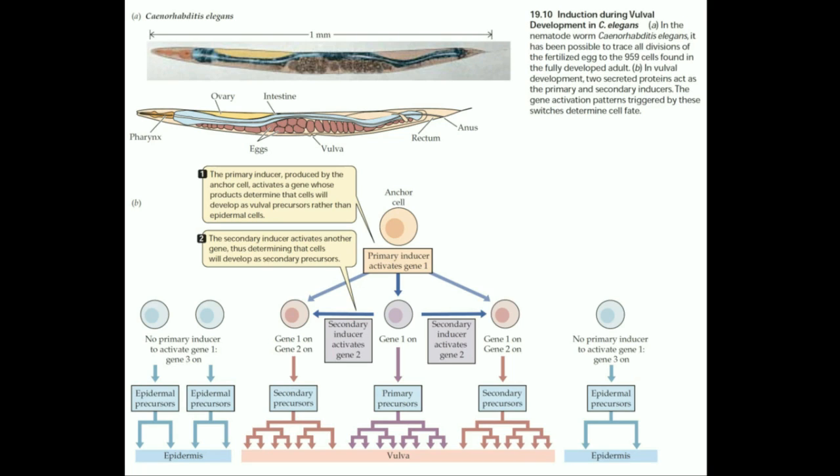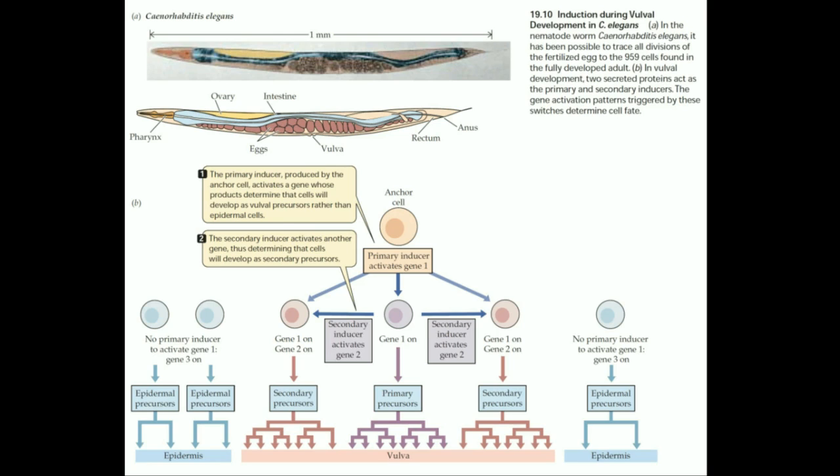can actually map out exactly which cells will turn into some other type of cell. And this has been done, for example, with those cells that will turn out to form part of the vulva, which is the structure through which these worms lay their eggs.